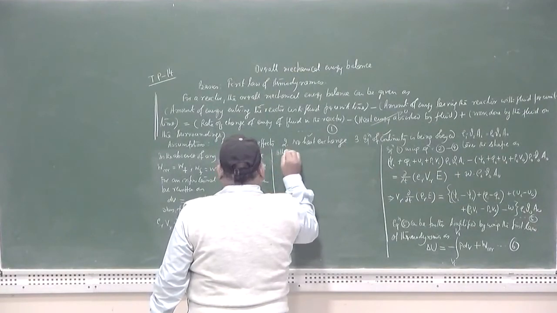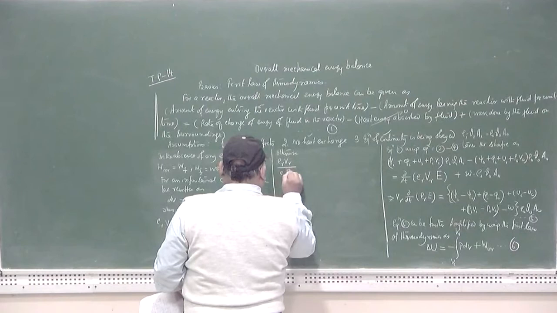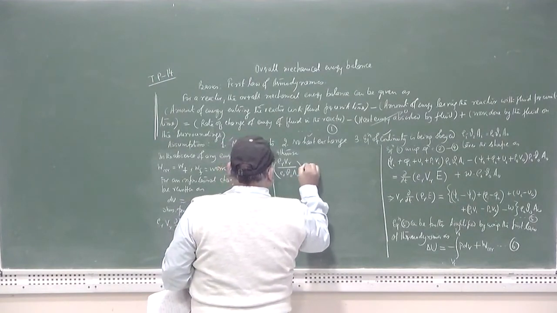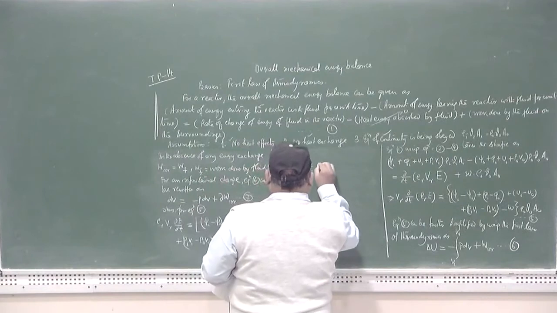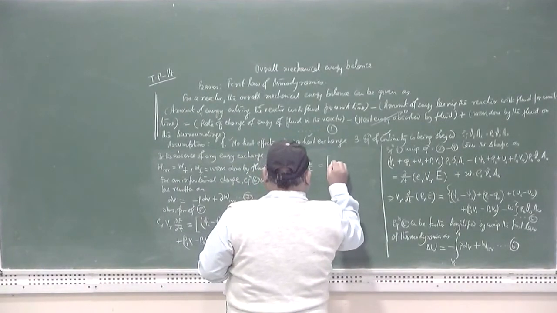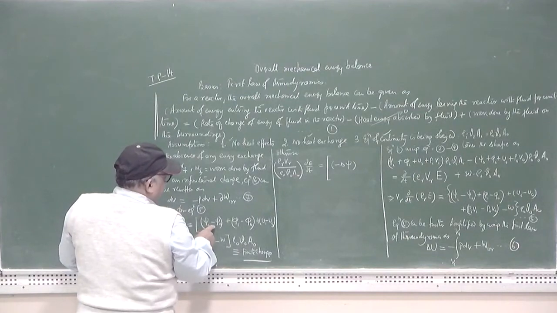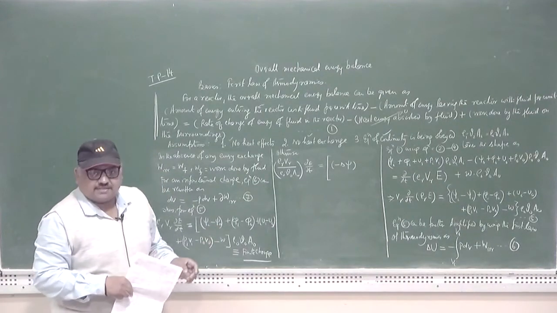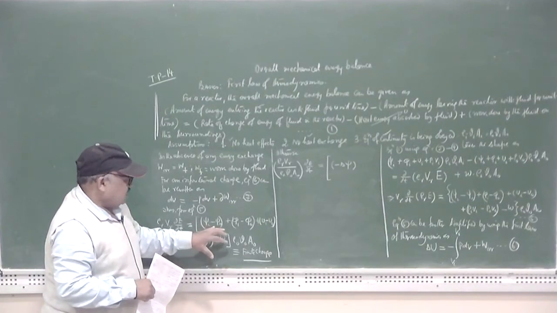Otherwise, this equation can be represented as rho r V r divided by rho naught V naught A naught, dE by dt, that should be equal to minus delta psi, because the potential energy in the outlet stream should be lesser, so that the fluid can flow from a higher region to a lower region.